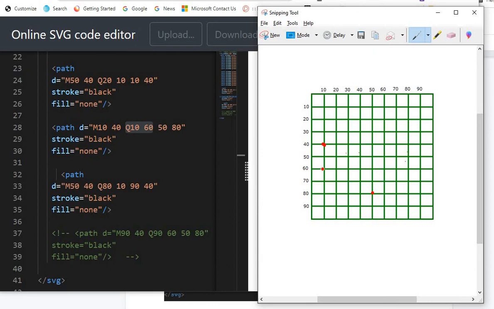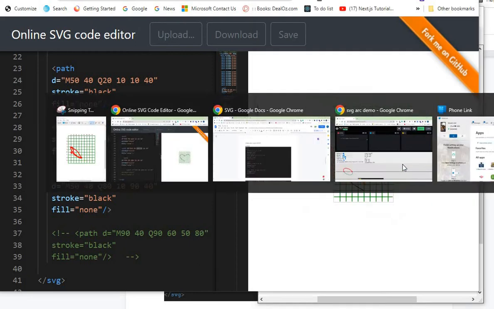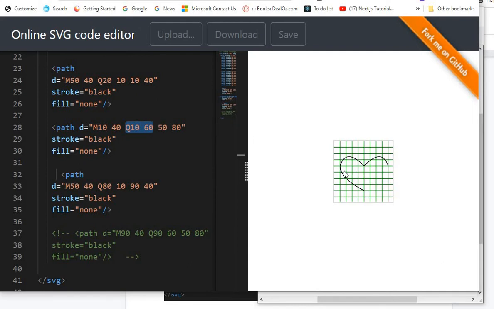If you draw a straight line here from 10 and 40, and the control point is here, imagine I pull this line, so it should be somewhat similar to this kind of curve. So that's why you have this curve here.